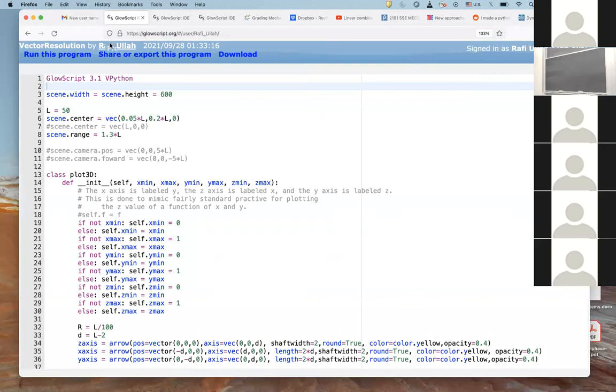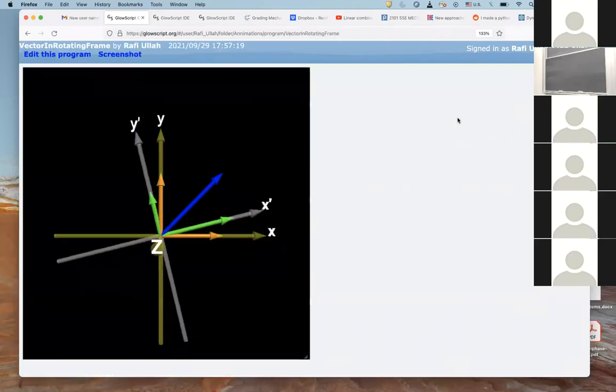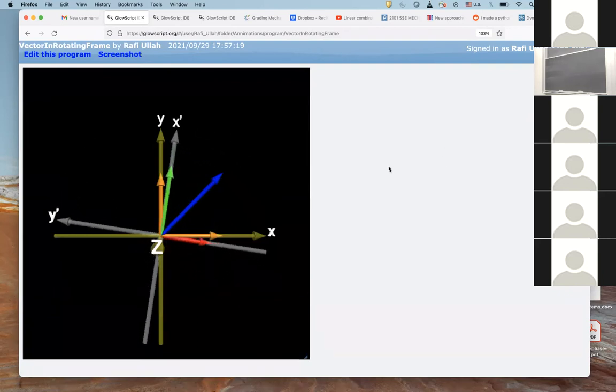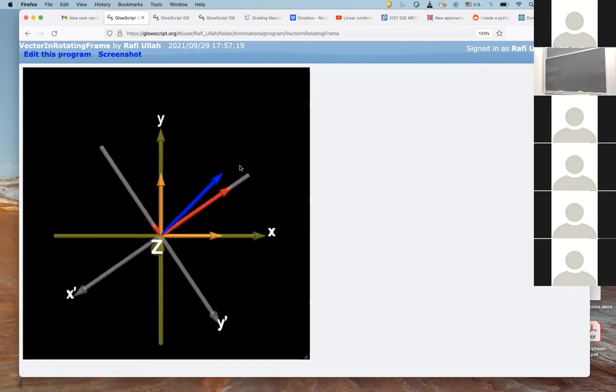And then we have one last simulation, vector in a rotating frame. So this is more detailed. Let me just stop it at the beginning.